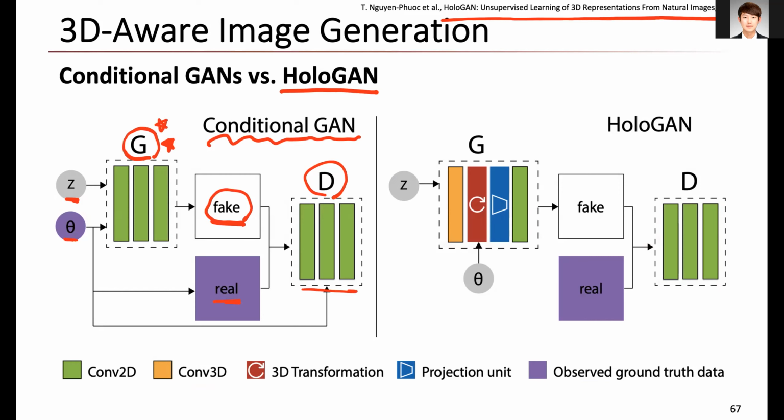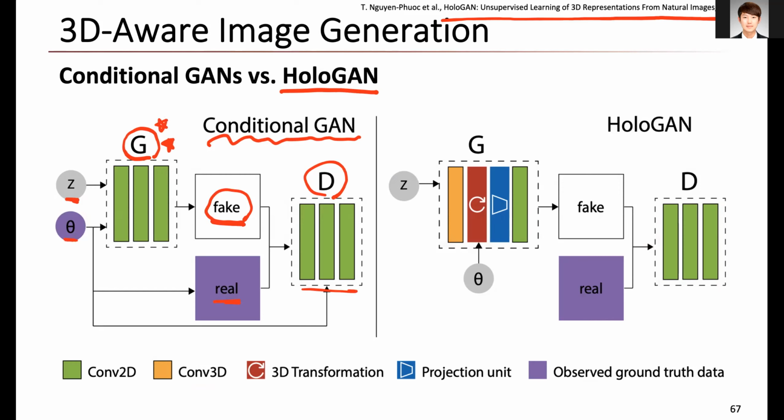So in HoloGAN, they define a 3D convolutional module to make our generator aware of 3D information. Their generator looks like this.